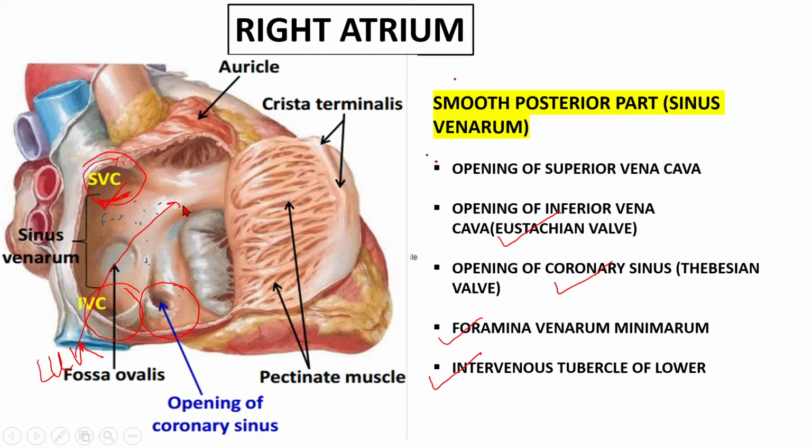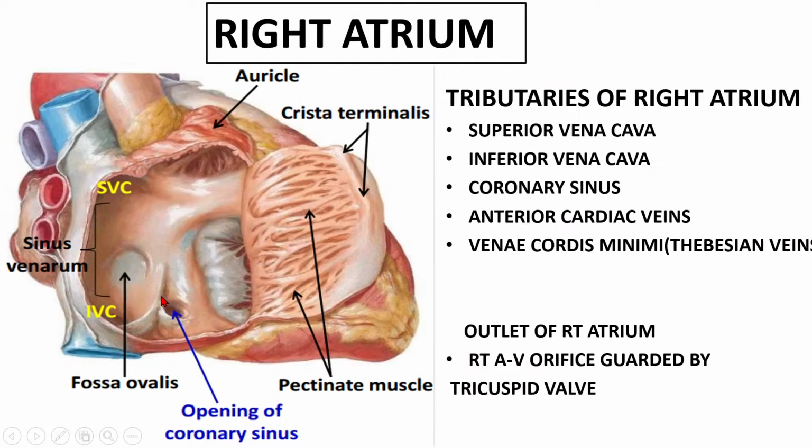So, these are the features in the smooth posterior part, a derivative of the right horn of the sinus venosus, and in this posterior smooth part all the major veins open, and the openings of the inferior vena cava and the coronary sinus have valves.